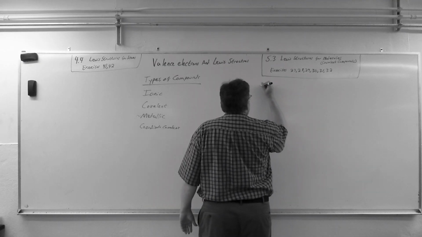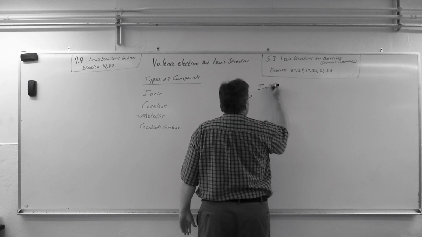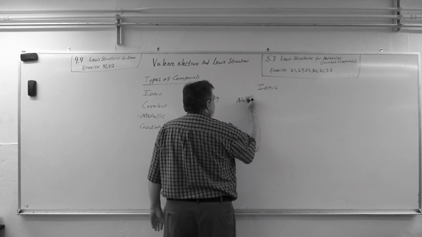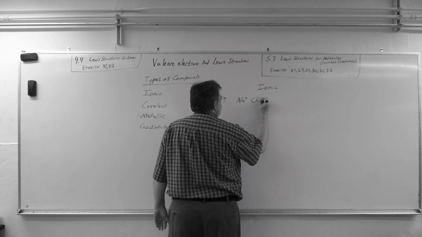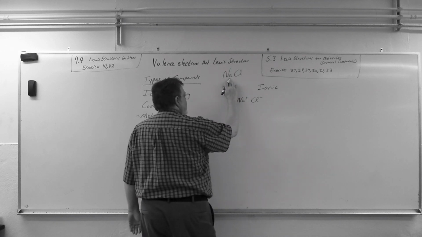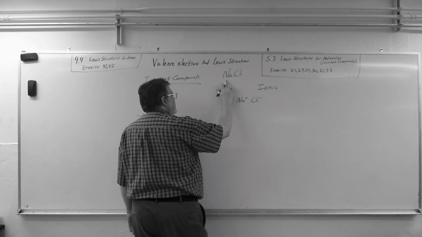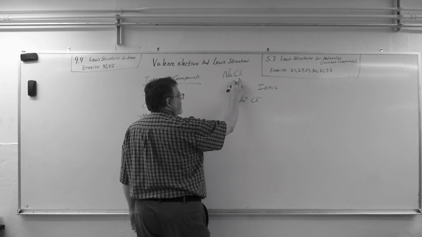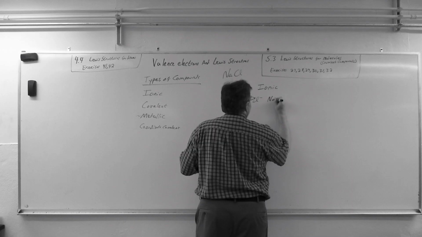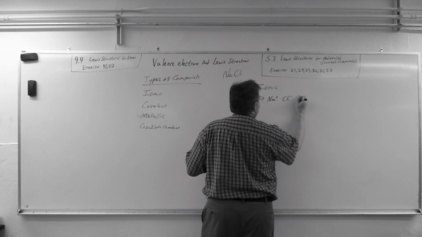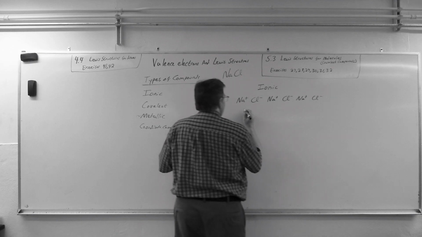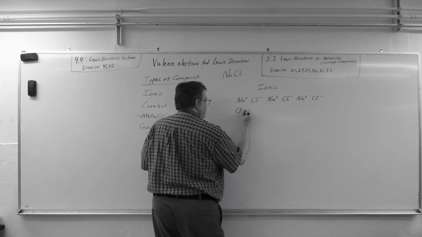Just as a better picture for ionic compounds, if I did NaCl, what y'all would know of as the formula NaCl, one Na and one Cl. Na is +1, Cl is -1. That's what we use for the formula. The actual structure: we have Na here, so I'm going to put Cl there.